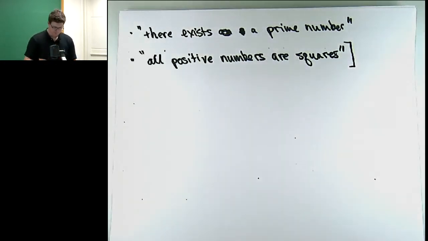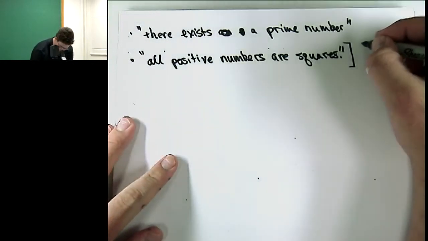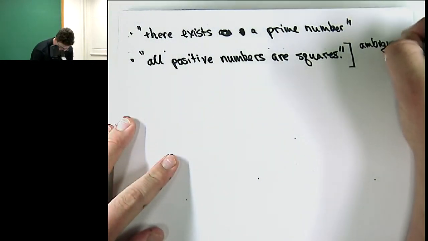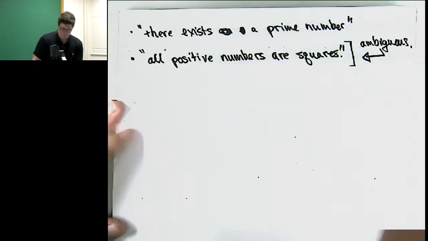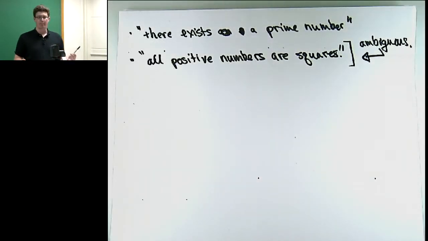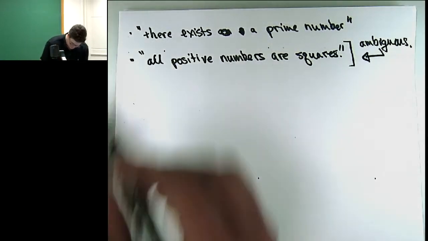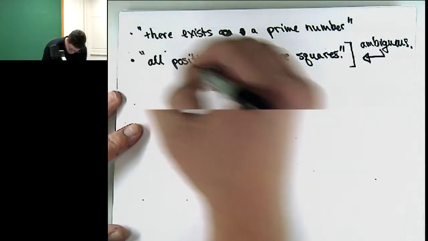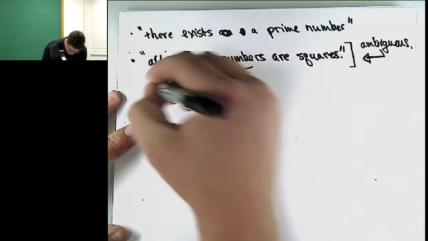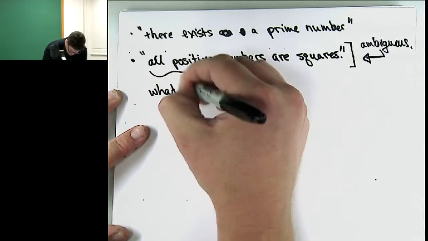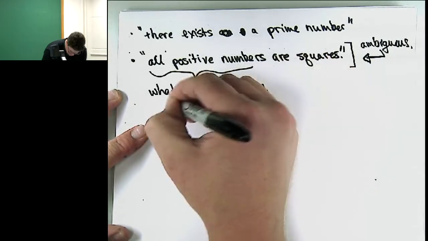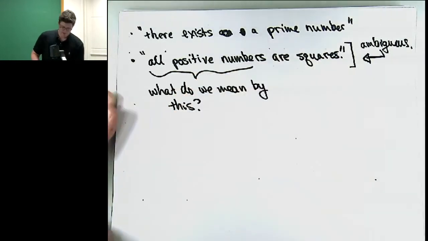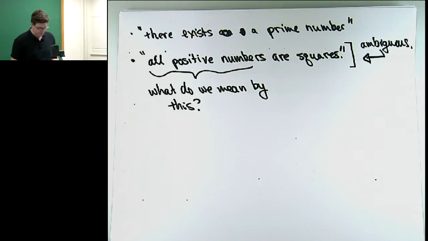So it's a proposition, but the meaning of it is ambiguous. Why is it ambiguous? What do we mean by all positive numbers? There's kind of two things that we could do.